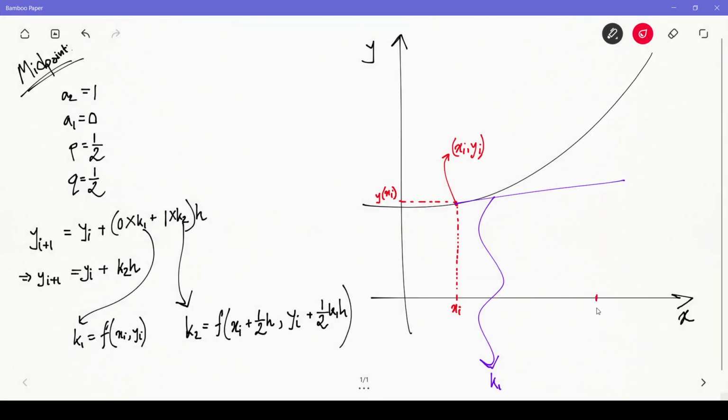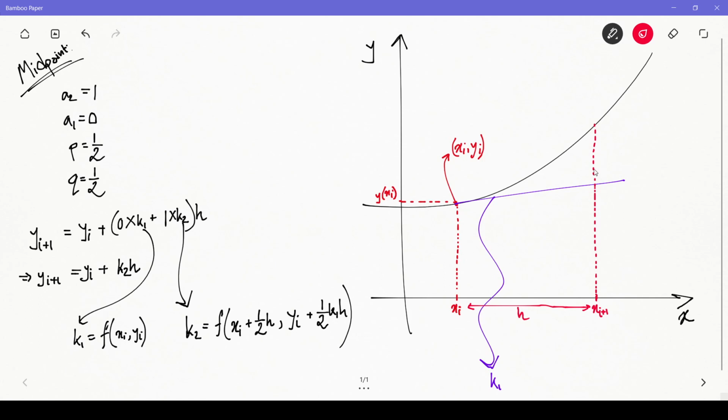So let's call this point x sub i plus 1, which is one step ahead, so the distance between these two points is h. If we project it upwards, we end up here.